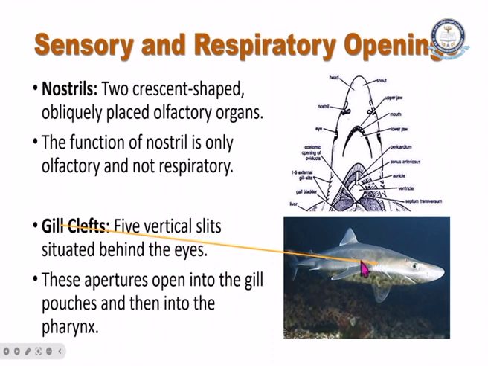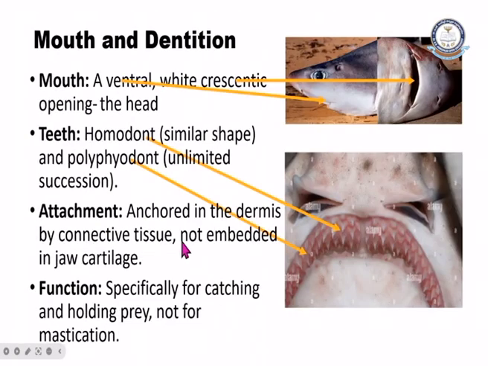Here in this picture you can find the gill slits, they are situated just behind the eye. These apertures open into the gill pouches. This is seen externally, we can see them from outside, and this leads internally into the gill pouches, and then from the gill pouches they lead into the pharynx.